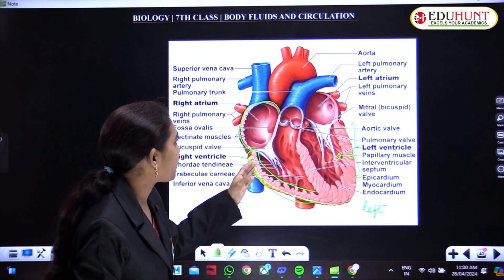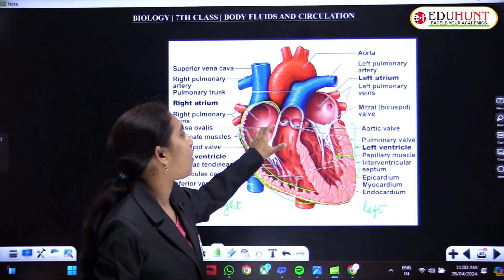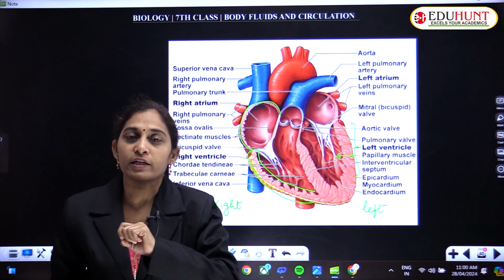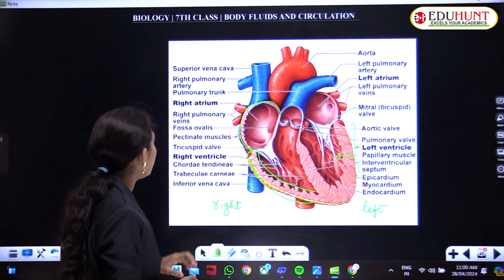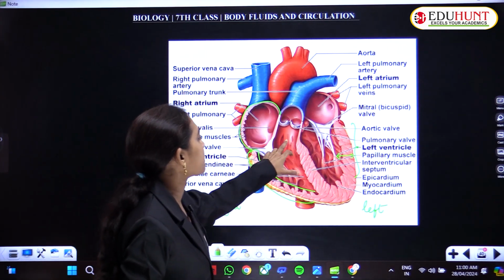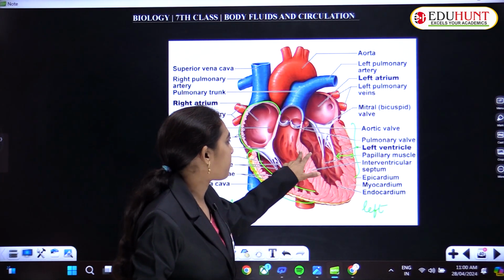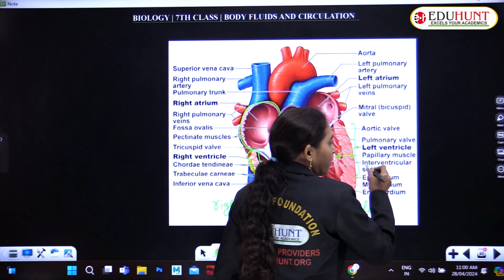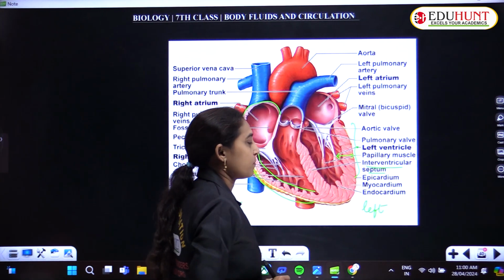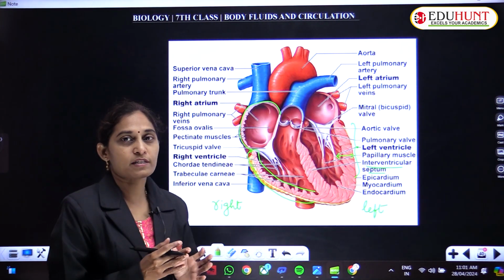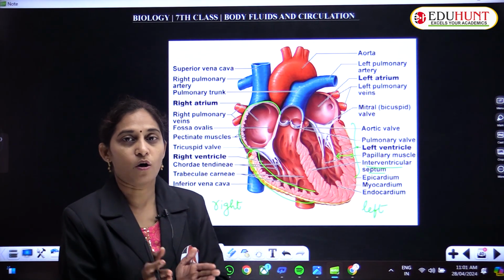And the septum which separates the auricles is known as the interauricular septum, interatrial septum, and the septum that separates the ventricles is known as the interventricular septum. Interauricular septum means the septum, the wall, that separates the two auricles.